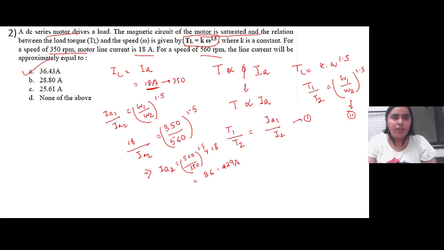Okay. So for the third question, a DC shunt machine is delivering a power of 60 kilowatt at 300 volt with a prime mover rotating at 500 rpm. The armature and the field resistance are given as 0.02 and 50 ohm. We have to calculate the speed of the machine when it is running as a DC shunt motor taking a 60 kilowatt load at 300 volt.